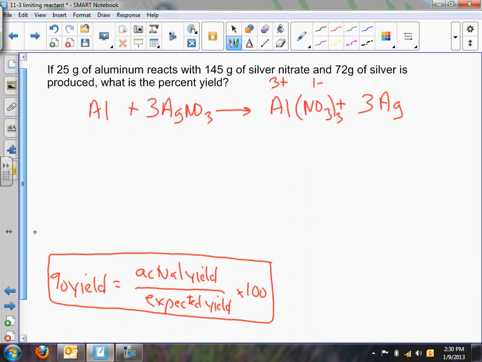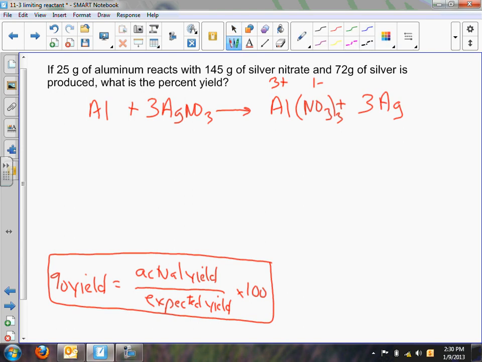In reading the problem, it says if 25 grams of aluminum reacts with 145 grams of silver nitrate, and I get 72 grams of silver, what's the percent yield? So they're telling me what the actual yield is. That's 72 grams. I need to figure out how much I expect to get.